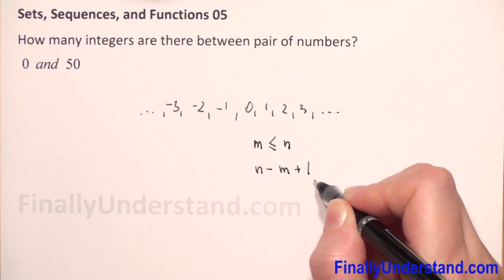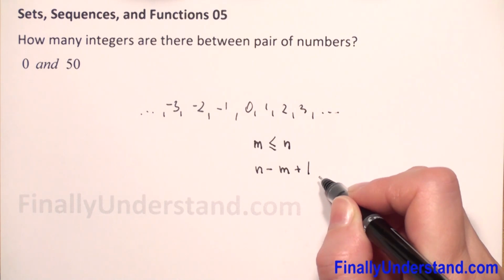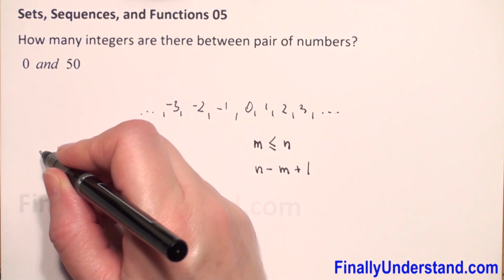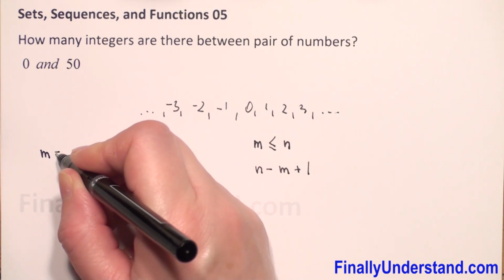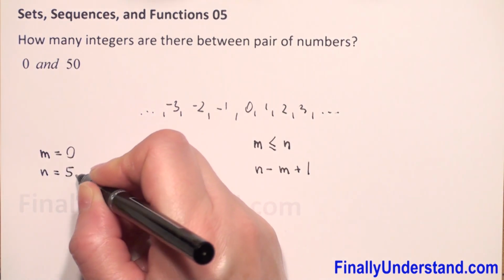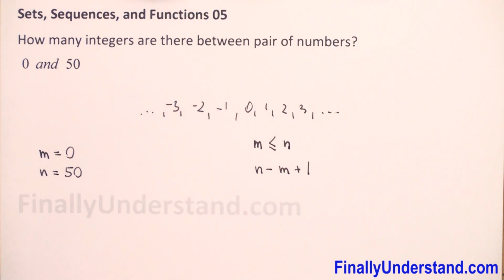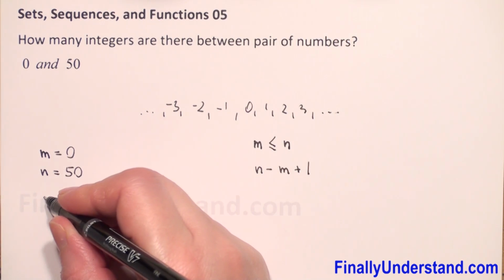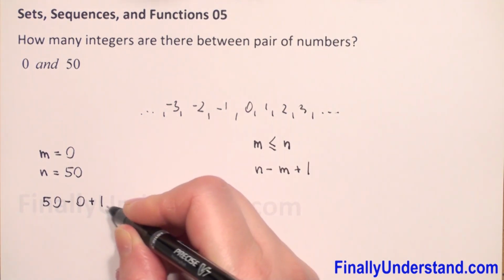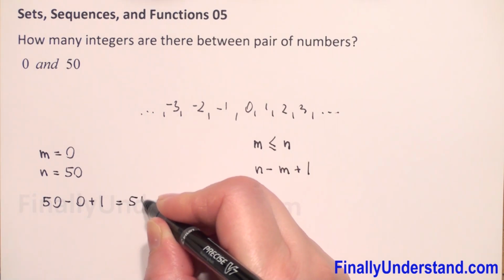We add 1 because we have to include both ends. So in our case, m is equal to 0, n is equal to 50. So the number of our integers will be 50 minus 0 plus 1, which is equal to 51.